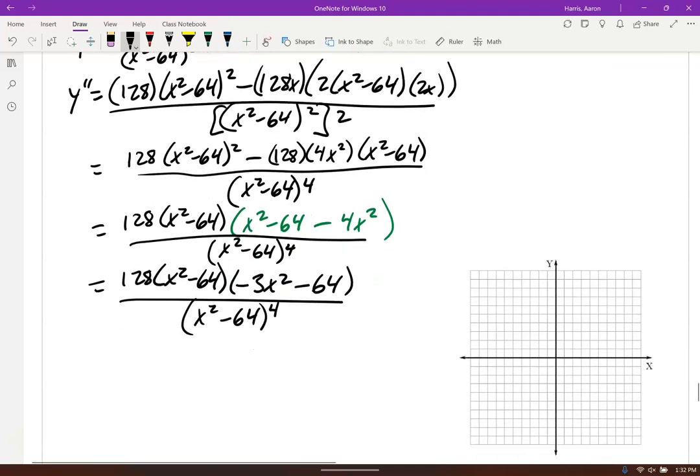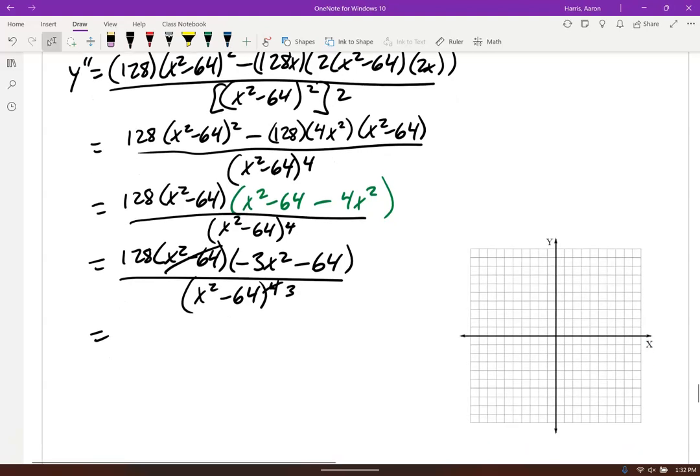Well, one of those would cancel, and so I have x squared minus 64 to the third on the bottom. And so I've got y double prime being, let me take a negative out, negative 128, and make that a positive 3x squared plus 64.